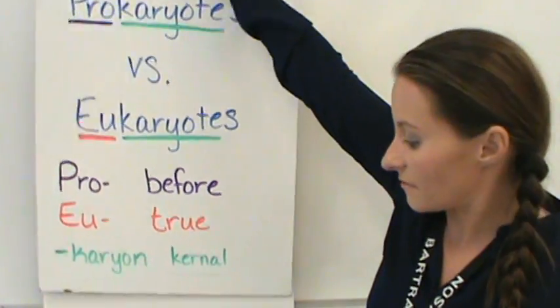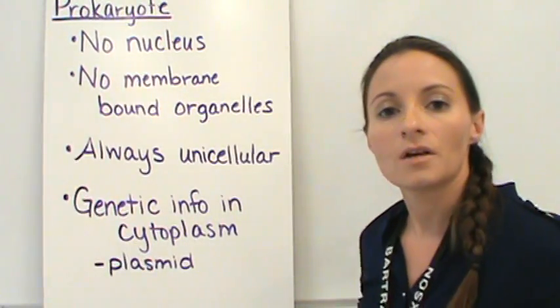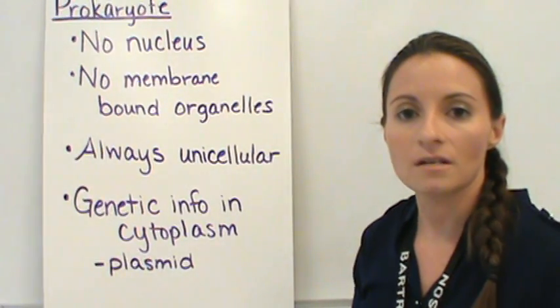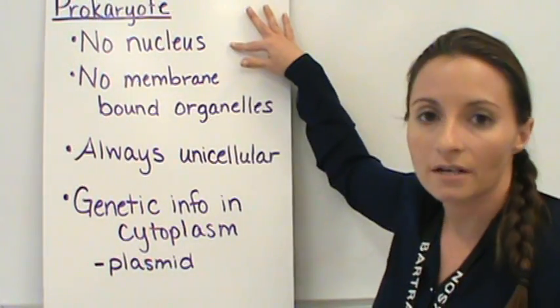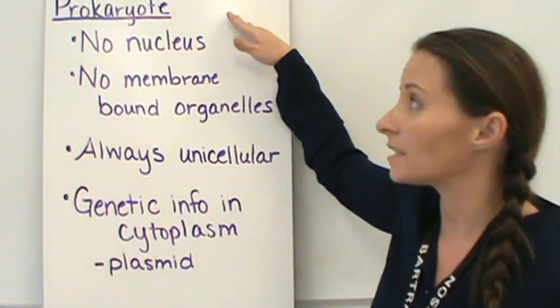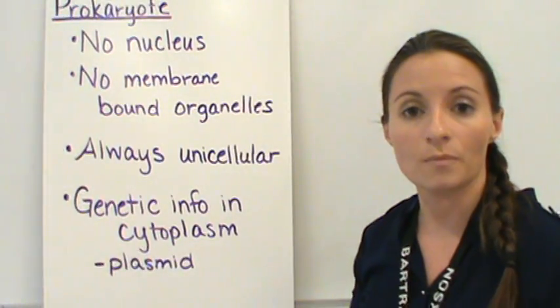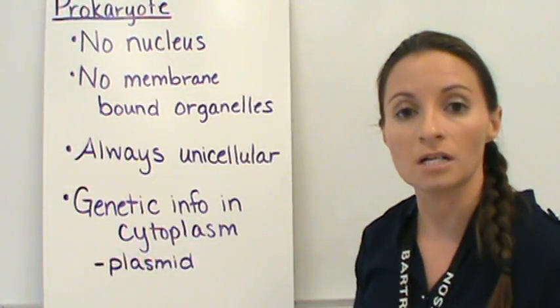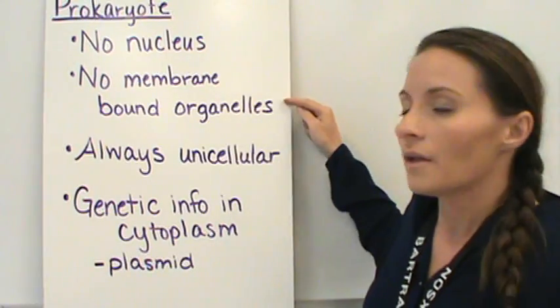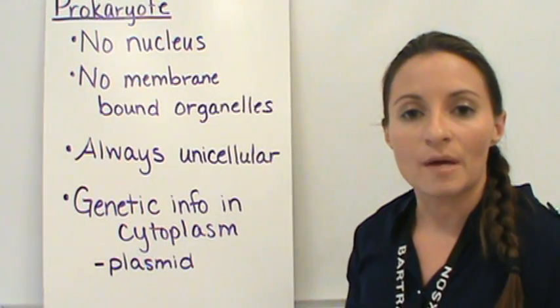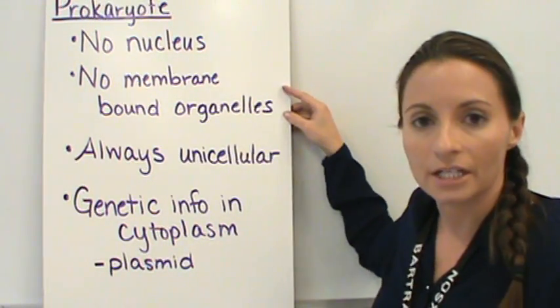So some of our differences between prokaryotes and eukaryotes. First of all, prokaryotes have no nucleus, which is right in the name, prokaryote, before kernel. They also do not have membrane-bound organelles, which you see right here.